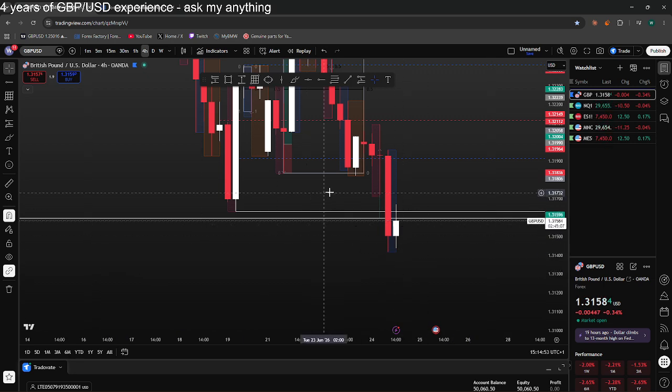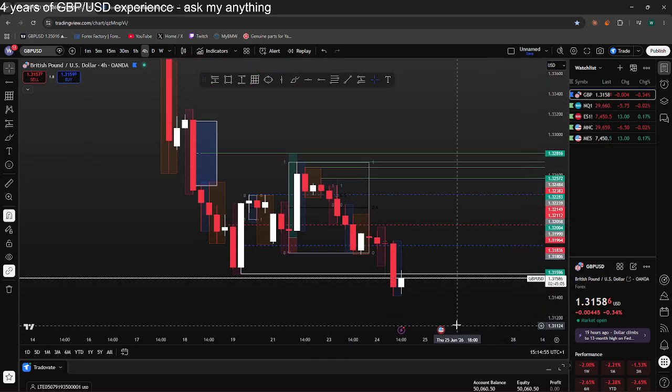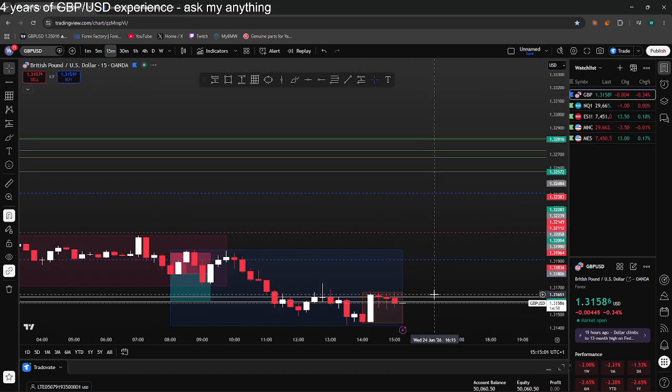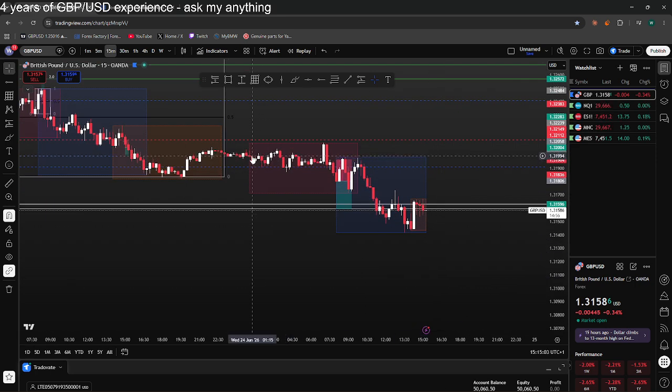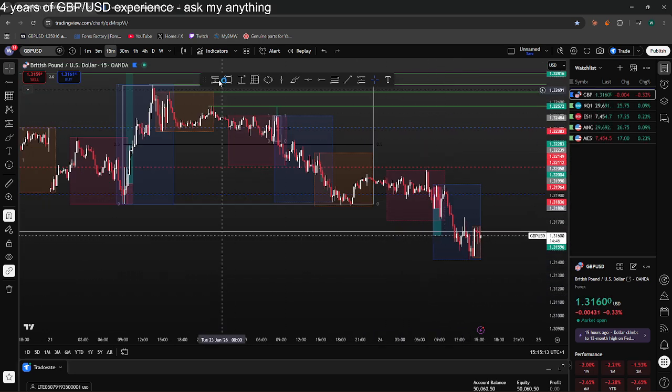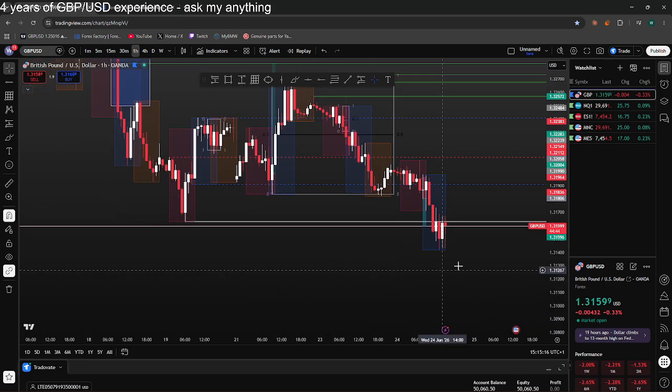There's nothing really to target, and looking for buys now is probably slightly more viable, but not only does it go against the consolidation, manipulation, reversal, and then continuation, so we should be continuing to the downside, and looking for longs is going against that, but we also just have a lack of targets quite simply.